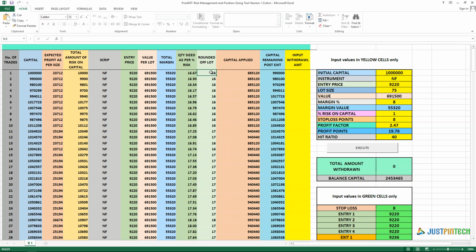So if I am trading 16 lots, the capital applied would be 8,85,000. So suppose I am taking a 10,000 loss on this trade, and even if I go in loss 10 consecutive times, still that much capital would be left that I can apply on that trade. So my size won't change even after 10 losing trades.